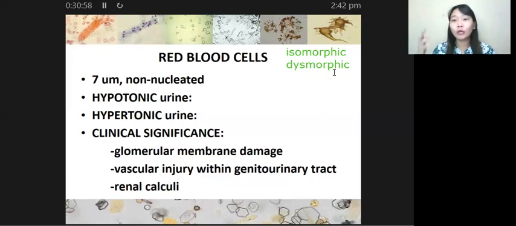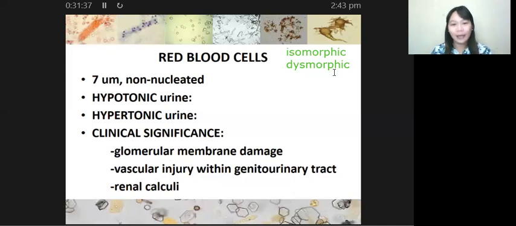So remember that your glomerulus, it's still part of your cardiovascular system, it being a capillary. Ibig sabihin din class na all red blood cells which are not of glomerular origin, we can refer to them as isomorphic RBCs. Dysmorphic RBCs lang pag glomerular in origin. So I think clear yun ha.